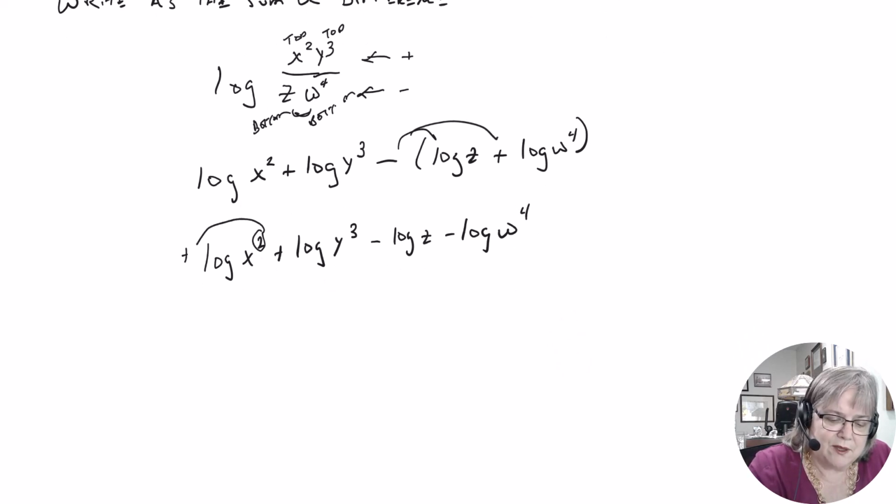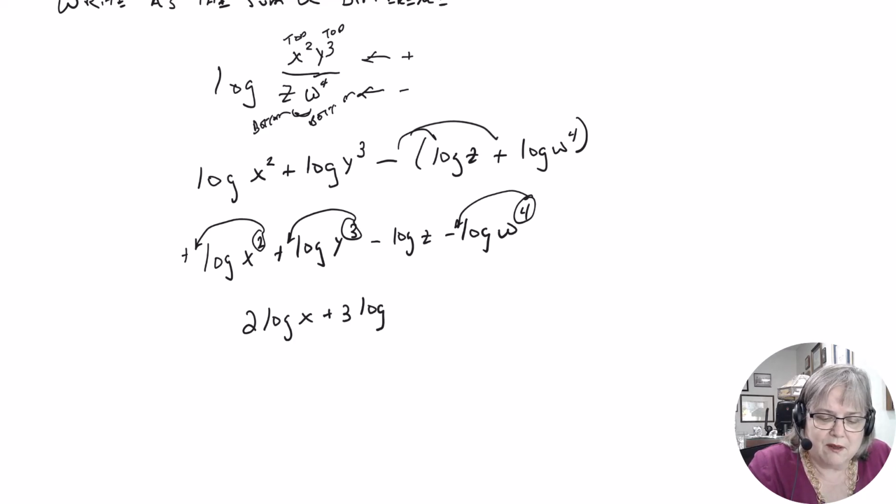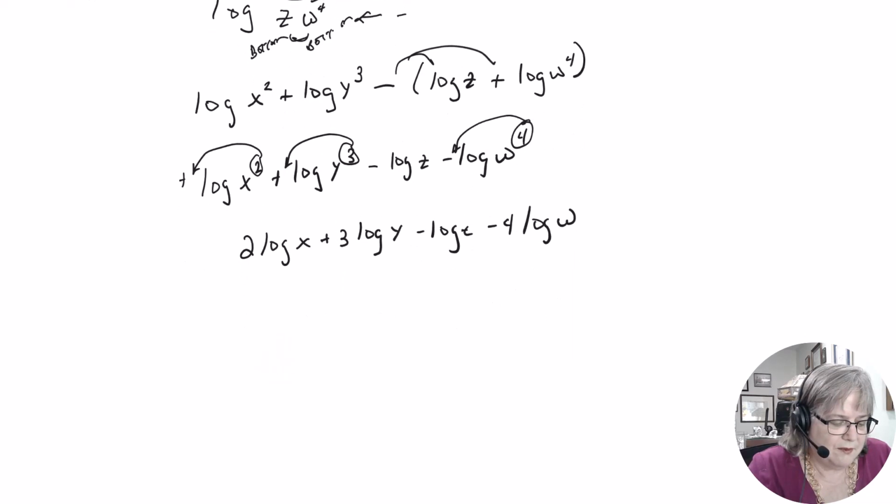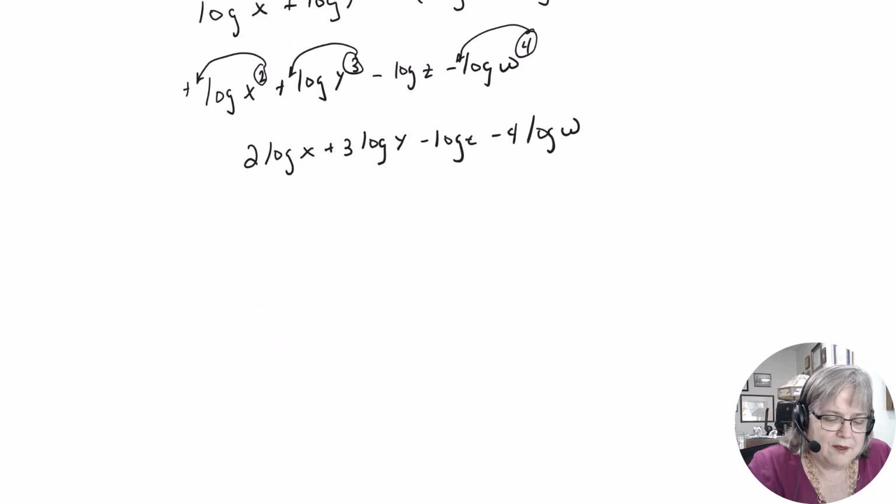So this 2 is going to come down, this 3 is going to come down, this 4 is going to come down. So you have 2 log of x plus 3 log of y minus log of z minus 4 log of w.